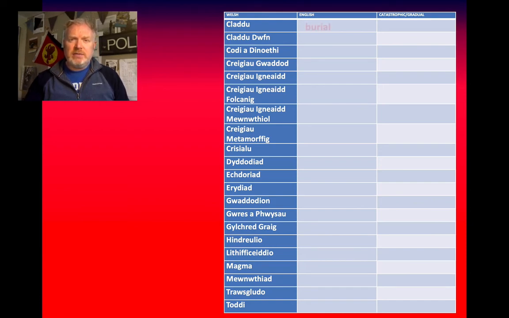So claddu means burial. Claddu dyfn, deep burial. Codi adinothi is uplift and faulting. Creigiau gwaddodd are sedimentary rocks. Creigiau gneithiad, igneous rocks.